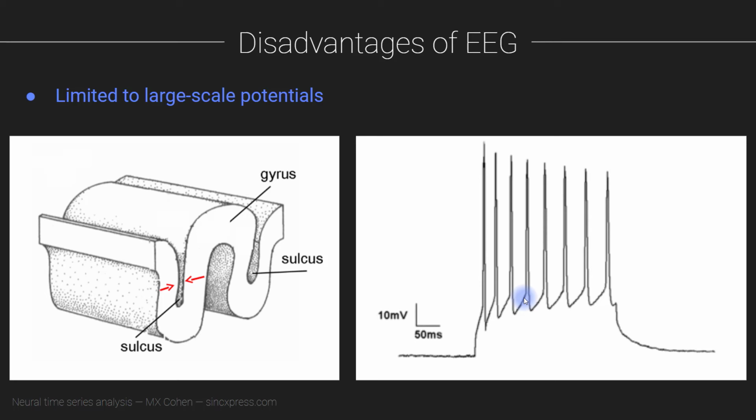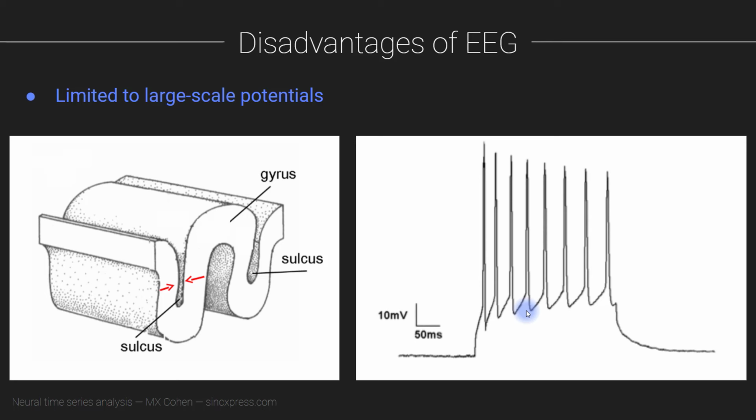You cannot measure the activity of a single neuron from EEG. Its electrical field is too weak to be measured from so far away. And that is an important disadvantage to keep in mind because not all of the computations in the brain are happening at the level of large spatial scales.